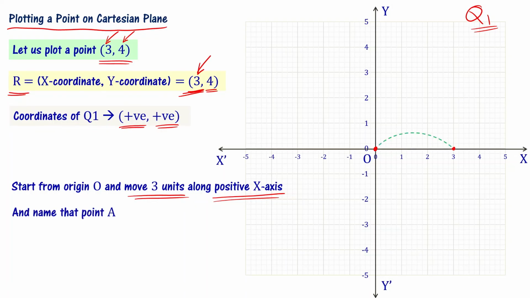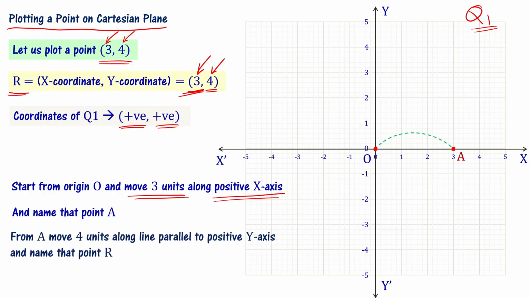Let me call that point as point A. Now point A has come, next look at the y coordinate. What is the y coordinate value? 4. That is also plus 4, right? It means from A we have to start and move in the positive y direction, or move along a line parallel to positive y-axis as shown here, and name this particular point as R.